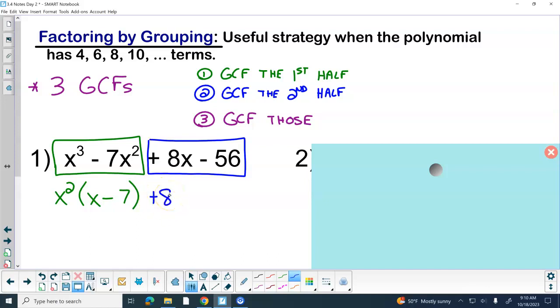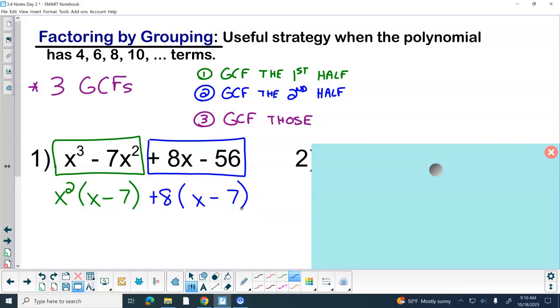Now, just so you know, that sign, the positive or negative, is going to go along with this sign right here. So whatever that sign is on the second half, that's going to be that one right there. What's left over? X minus 7. Okay.